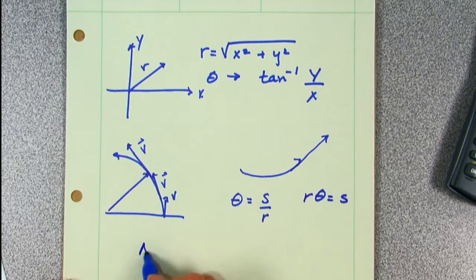So if I do a change in angle with respect to a change in time, I'm going to do this as 1 over R, change in S with respect to time.